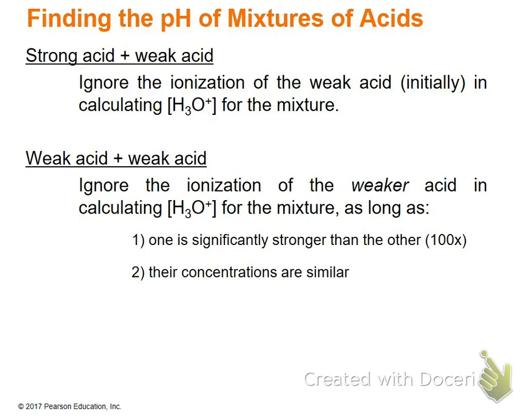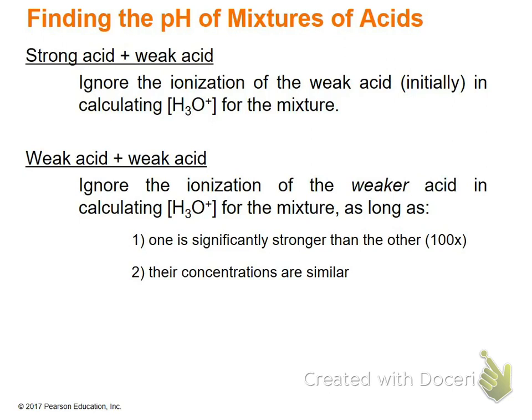Okay, so whenever we're determining the concentration of the hydronium ion, we ignore the ionization of the weak acid initially for that mixture. Okay, and we'll look at an example for this on the next slide. But if we have a mixture of both weak acids, we ignore the ionization of the weaker acid completely whenever we're calculating the concentration of the hydronium ion for that mixture, as long as two conditions are met.